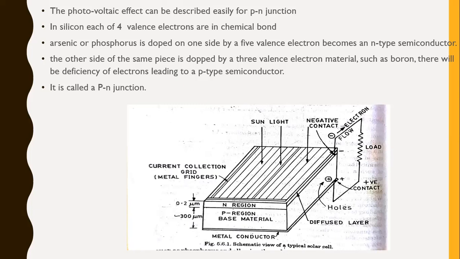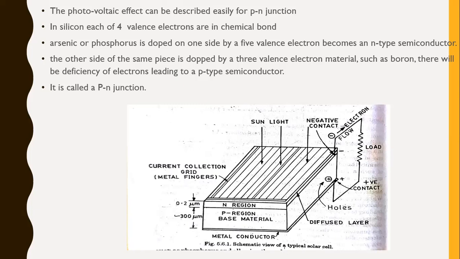So on silicon, one side is n-type and the other side is p-type. In p-type there is a deficiency of electrons, and in n-type there are extra electrons. This deficiency of electrons is expressed as an excess of holes.